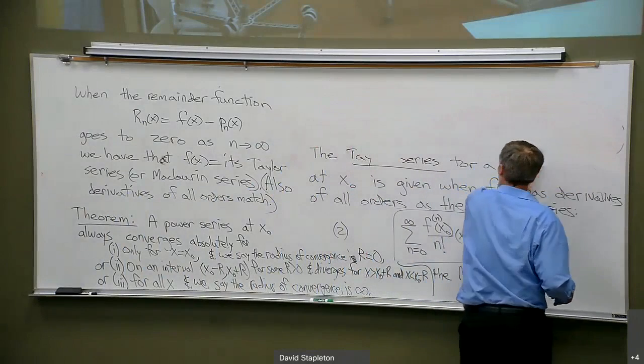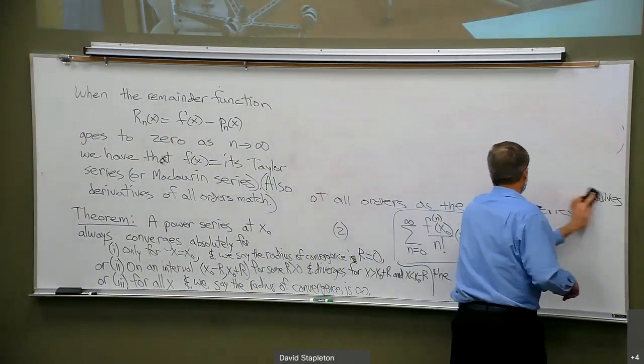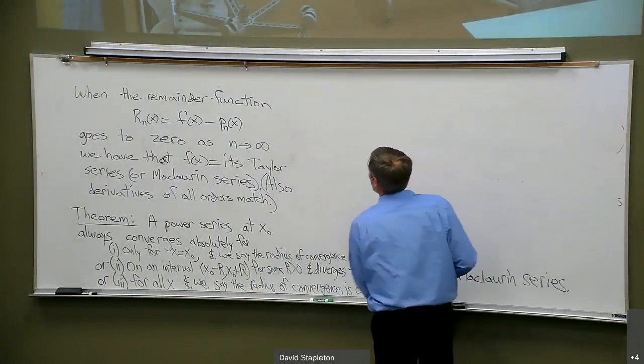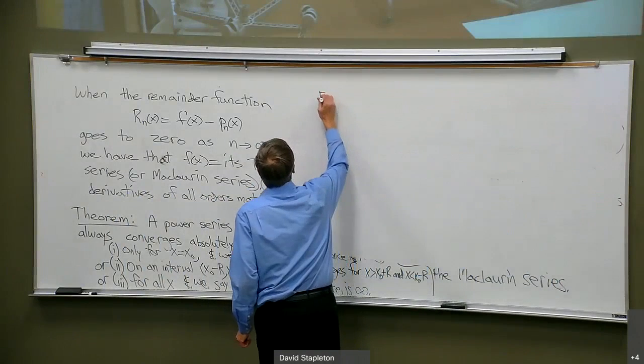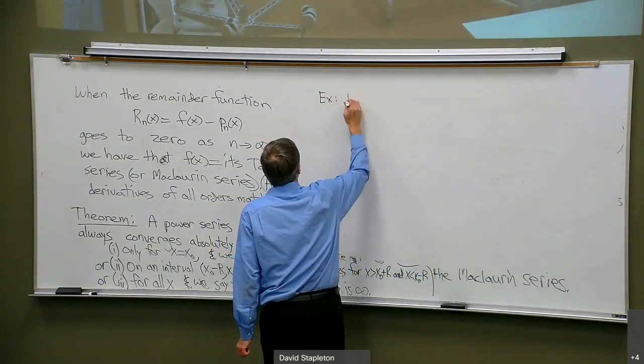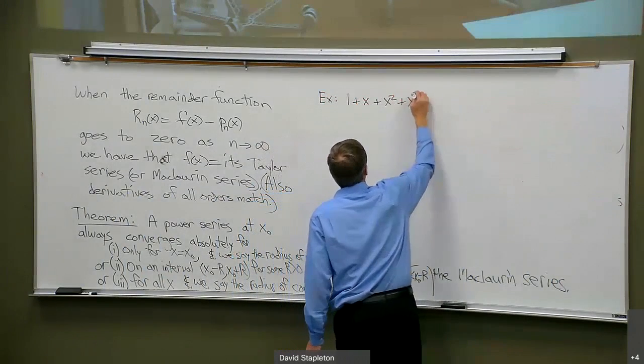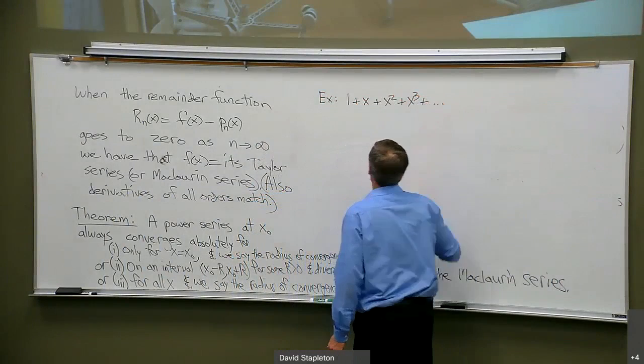So here's a really great series here. One of my favorite ones because it's easy and it's illustrative. One plus x squared plus x cubed plus x to the fourth and so on forever.